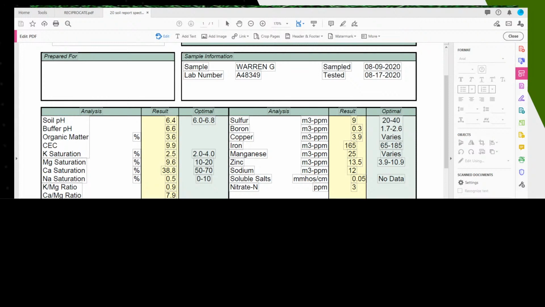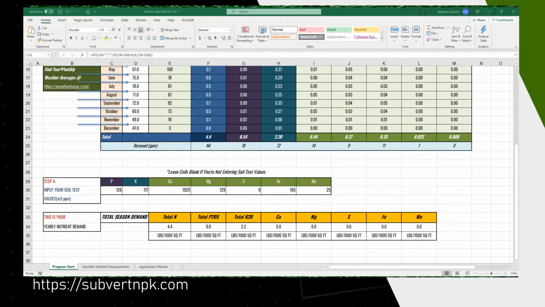Now, as you enter that in here, you will see it will make adjustments. All of a sudden, our total season demand, if you look, our phosphorus has shot to 0. And this has shot to 0 because our phosphorus levels in our soil test are high enough to support not necessarily applying any phosphorus for this season.